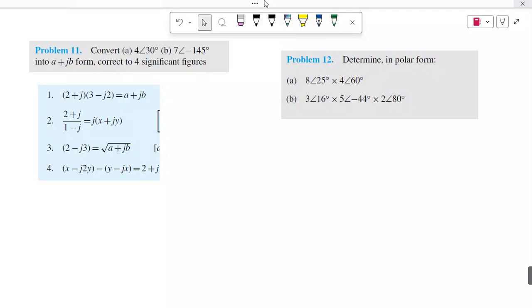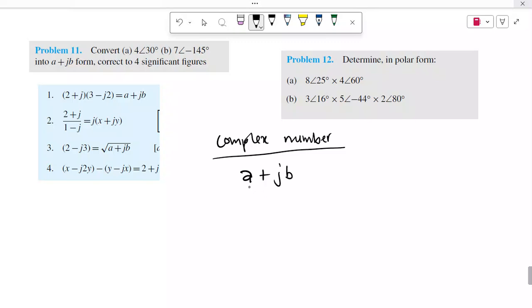So today we'll still continue where we ended yesterday. The topic, for those who have not watched the first one, is complex numbers. A complex number, the way we defined it yesterday, is a number which has a real part and an imaginary part.